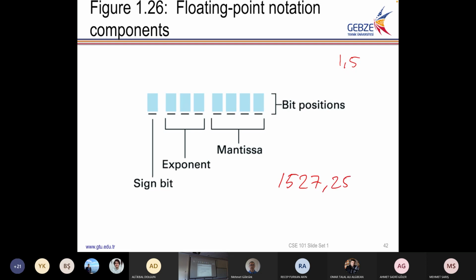There are numbers here. It's not binary. So the standard way of thinking is 0.152725 and 10 to the what? What am I going to write here?